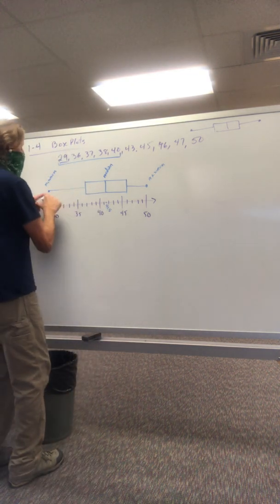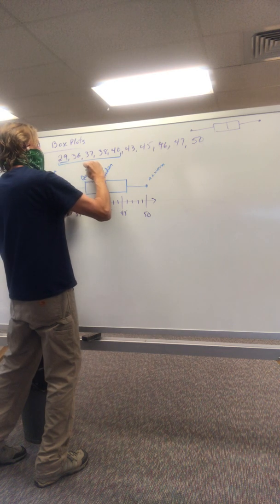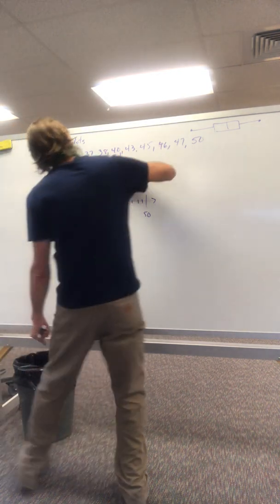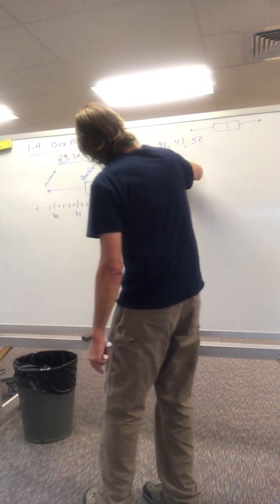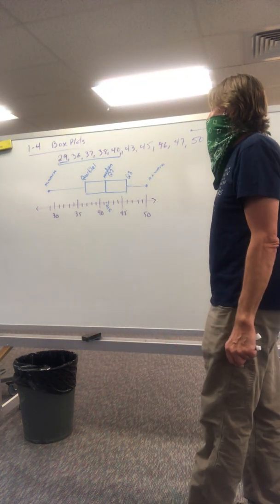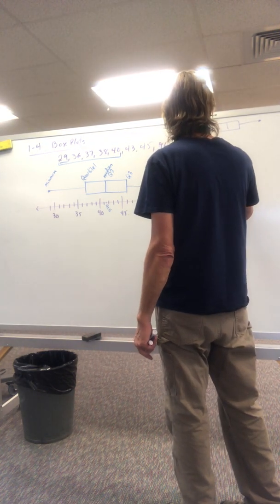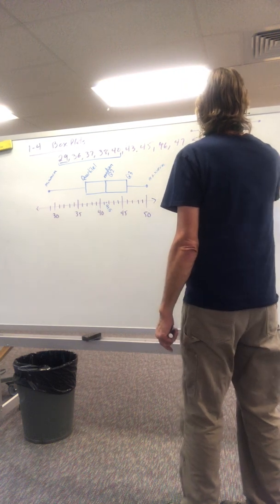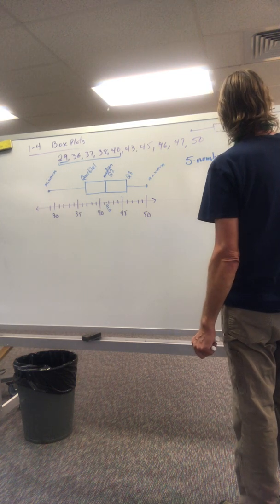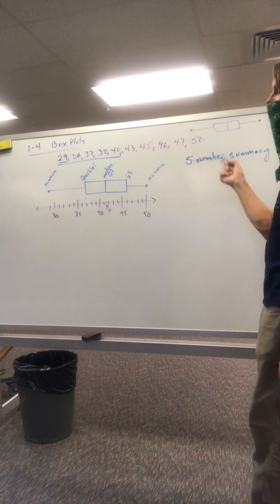Then what we do is we say, we move from here to here. This is quartile 1, or Q1. This is Q2, quartile 2. And this is quartile 3, Q3. Now, the 5-number summary is the minimum, Q1, Q2, Q3, and the max.